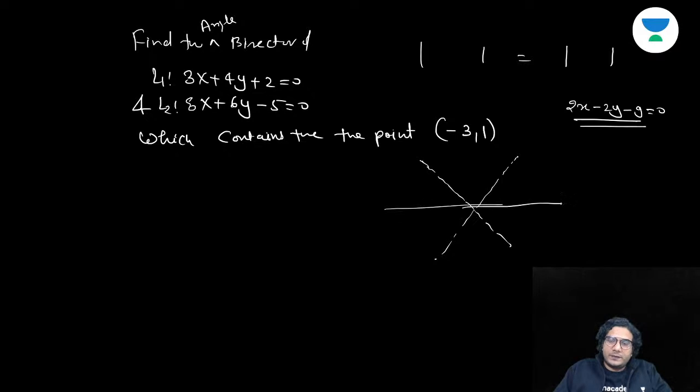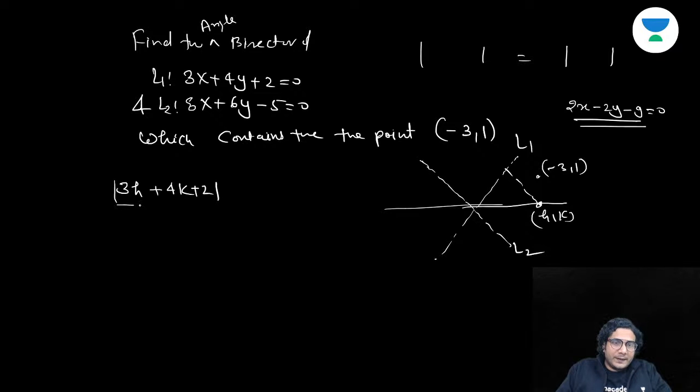The bisector which we need will lie such that (-3, 1) and the point (h, k) which we are going to take to write the locus will lie on the same side of lines L1 and L2, right? So the equation of locus is |3h + 4k + 2|/5 = |8h + 6k - 5|/10.